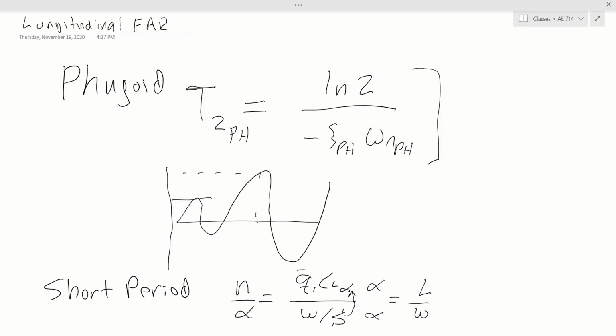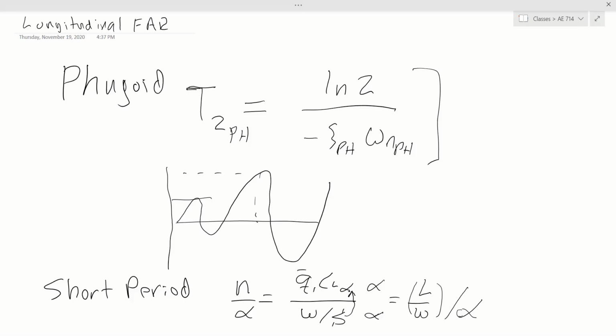All right, C L alpha times Q bar times S is lift, and that's lift over weight per degree angle of attack. So that's why they call it G's per alpha, because the numerator is the lift, the denominator is the weight, and it's per angle of attack. Don't ask me why they use that. It has to do with the wing loading, but other than that, the specs are set based on that Cooper-Harper pilot feedback.